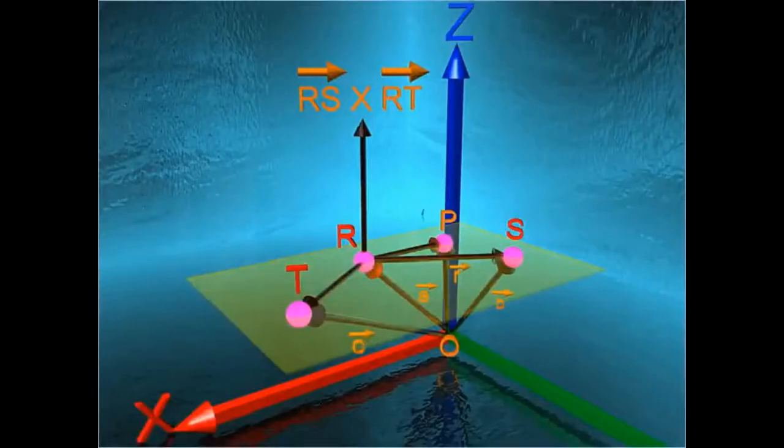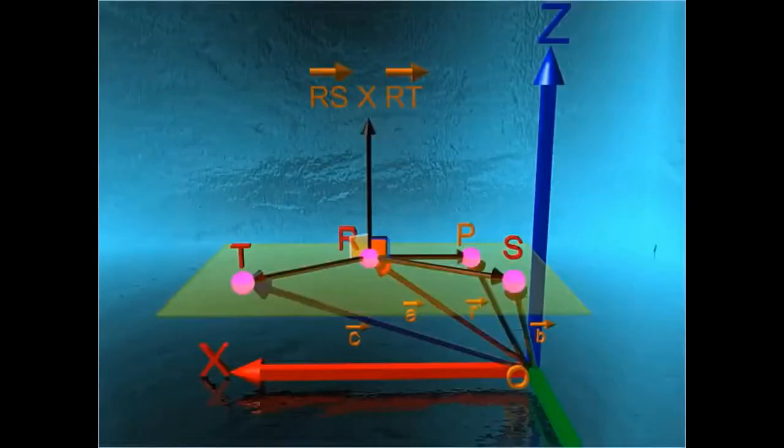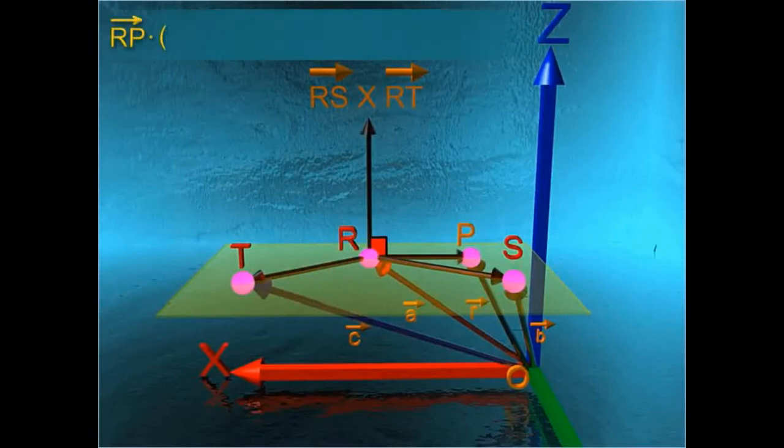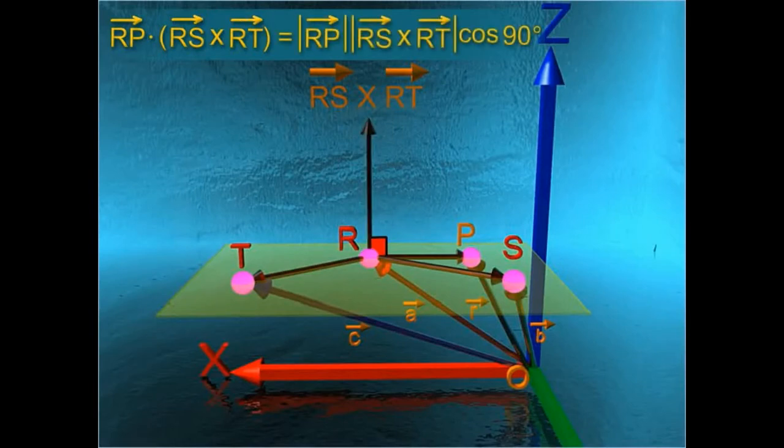Since vector RS cross RT is perpendicular to the plane, it is also perpendicular to every vector lying on the plane. Now you get the dot product of vectors RP and RS cross RT as 0 because the value of cosine 90 degrees is 0.